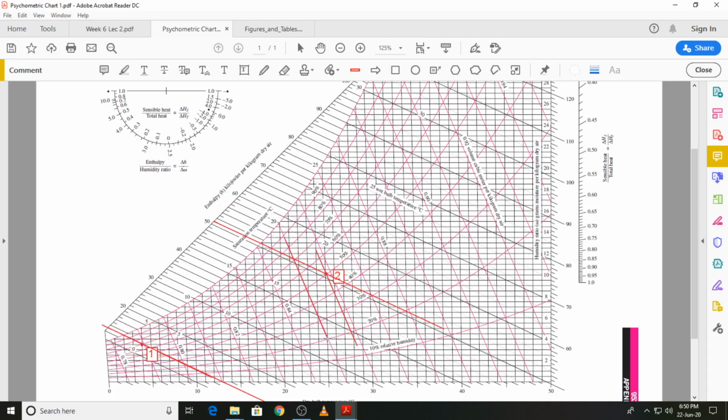The one that I'm drawing right now has a specific volume of 0.85, and this one over here is 0.86. So we are around the 0.858 meter cube per kilogram dry air mark. So that will be the specific volume at state 2.